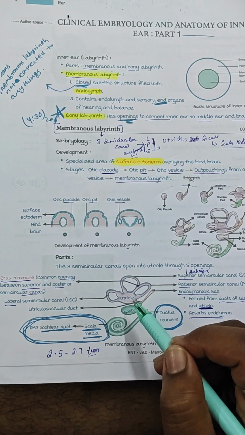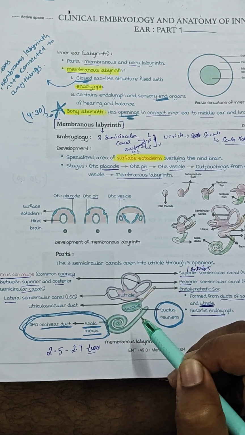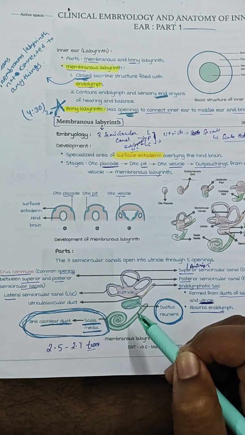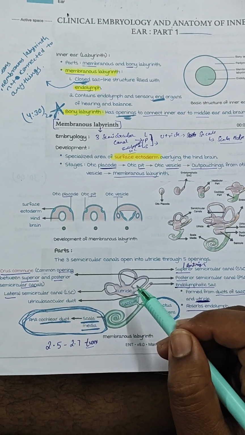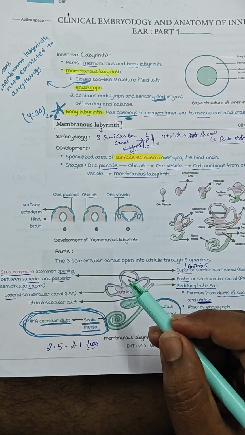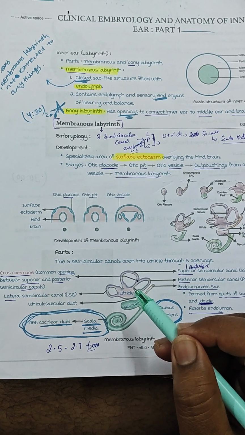Below them there is the utricle, and below it the saccule. After that there is the cochlear duct. The three semicircular canals are at an angle of 90 degrees to each other.